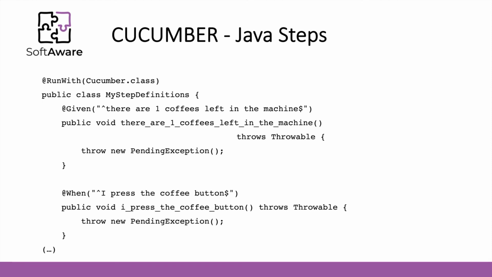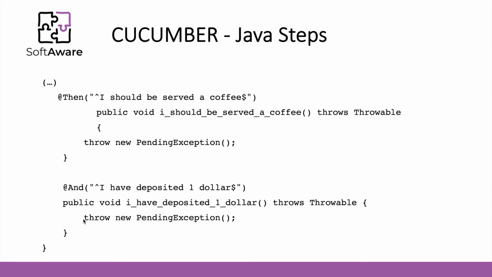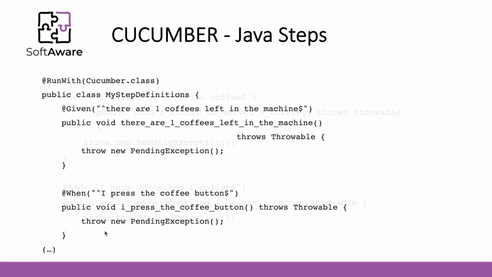So we have here the given, then the when step, and then the then and the end step. And we can read the Gherkin that is still available here in the Java class.